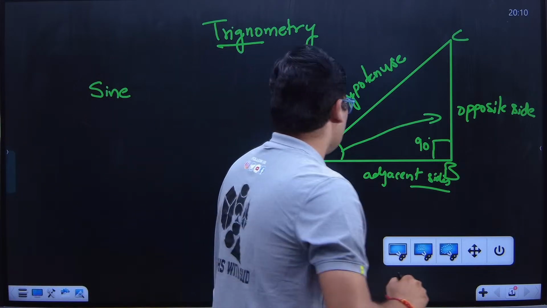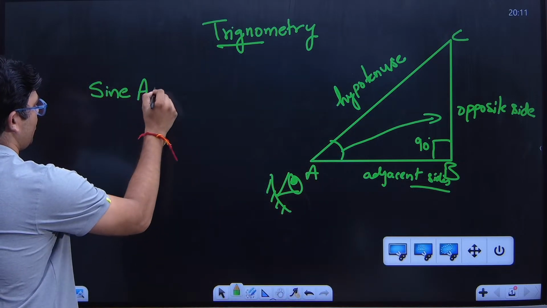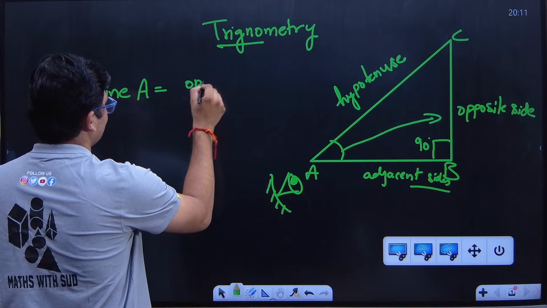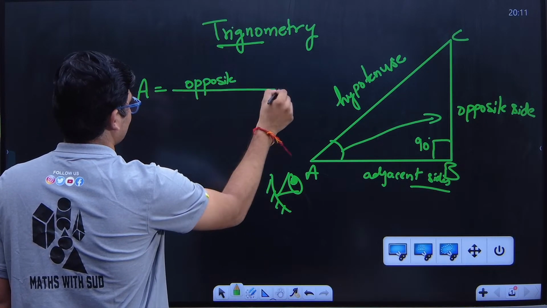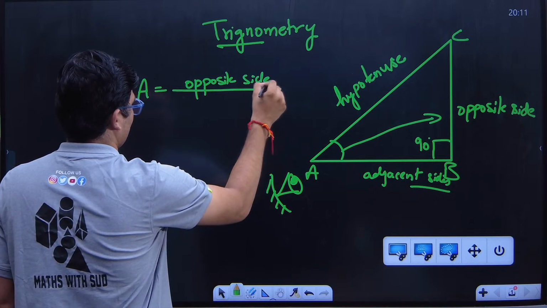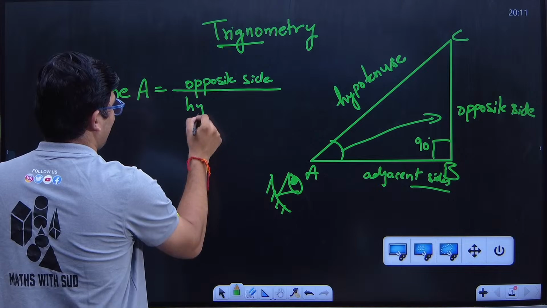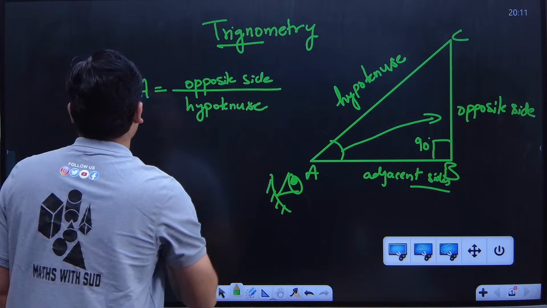Sine of an angle, suppose I am saying sine of an angle A, is opposite side divided by hypotenuse. All right.